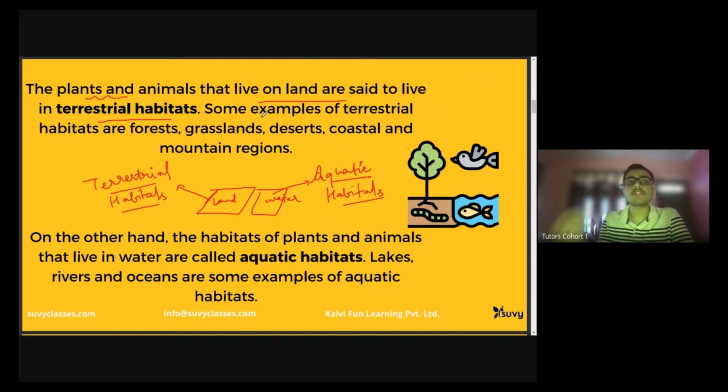Some examples of terrestrial habitats are forests, grasslands, deserts, coastal, and mountain regions. We don't live in forests, grasslands, deserts, coastal and mountain regions. No, it's not like that. These are the general terms. For example, if I talk about India, I'm sorry, my drawing is not too good.